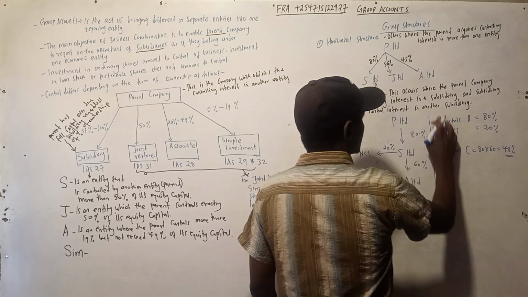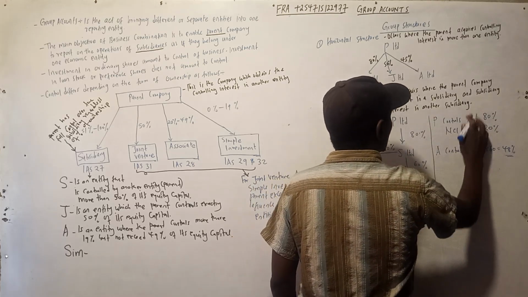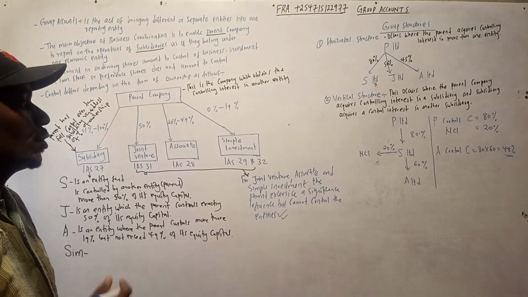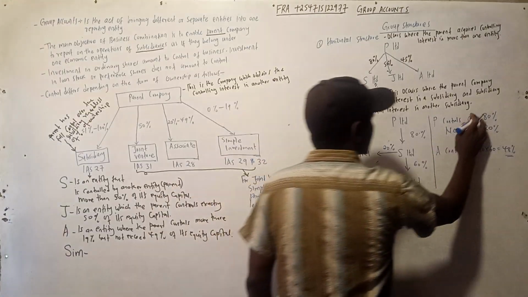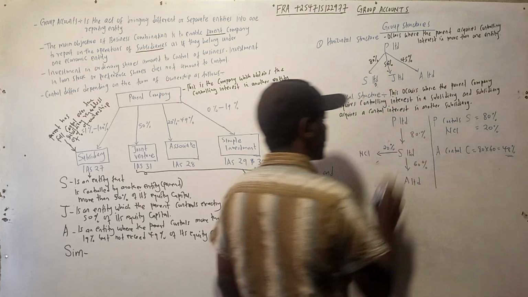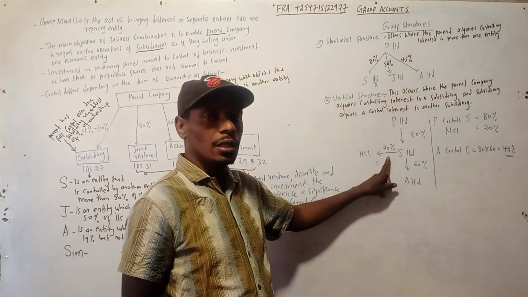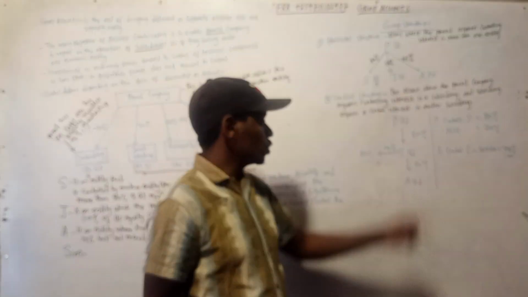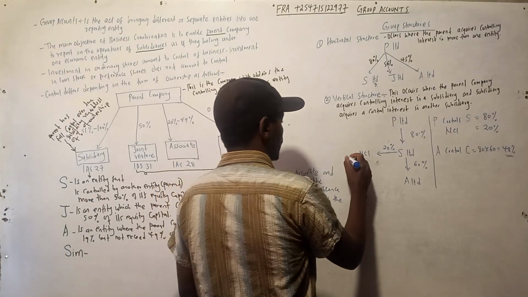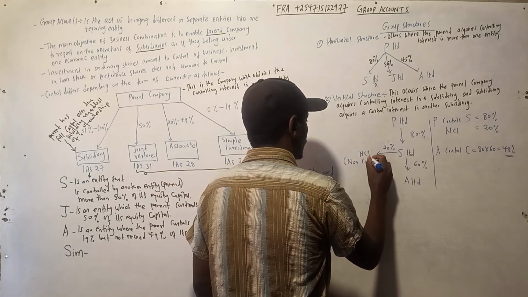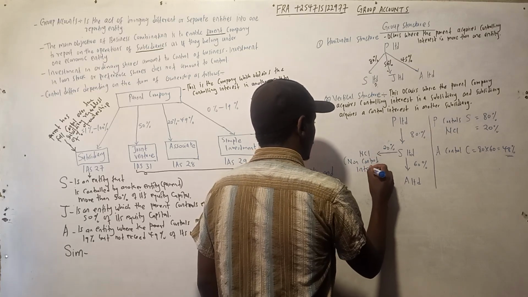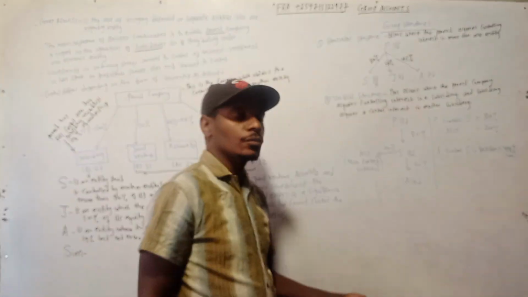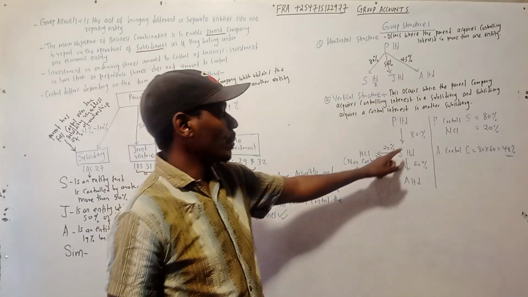P controls S 80%. Then you have the remaining, which is the proportion of the shares not held by the parent, which is the NCI, non-controlling interest, 20%. This is called the non-controlling interest. So we shall define it a bit. It is the proportion of shares not held by the parent, which is 20%. So the parent holds 80.